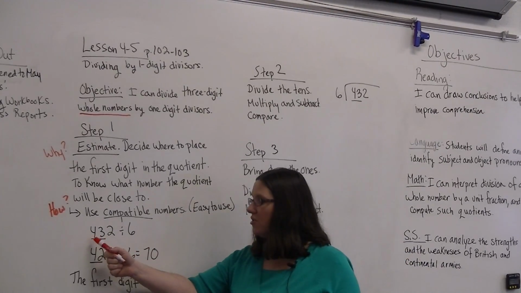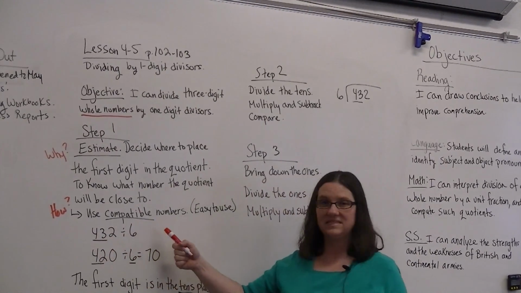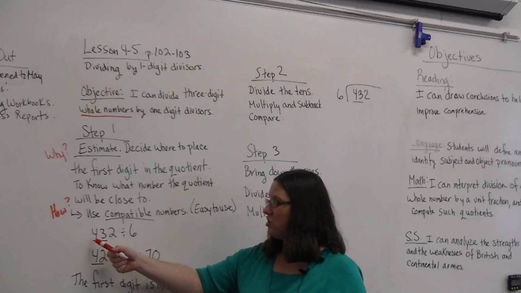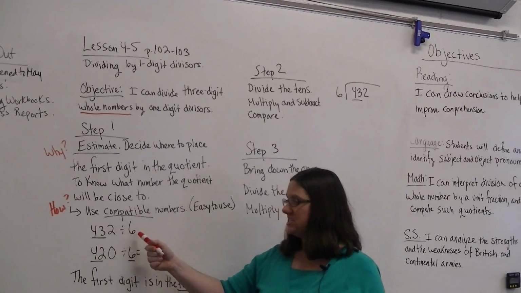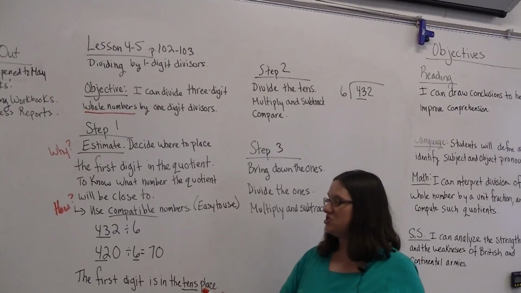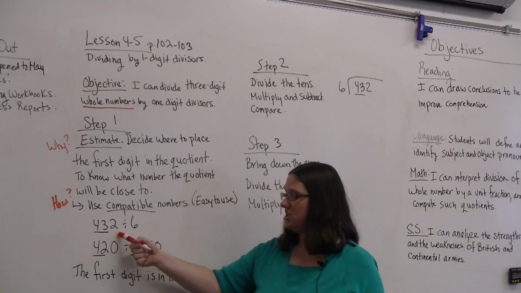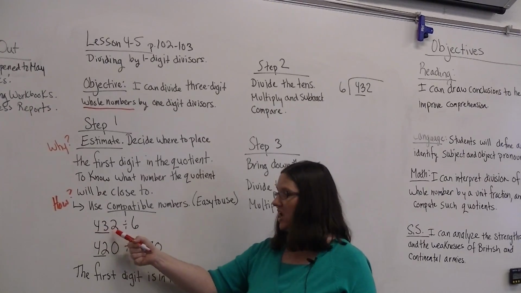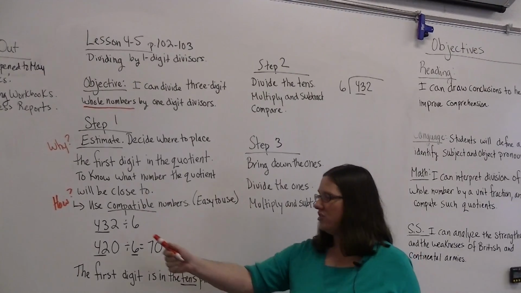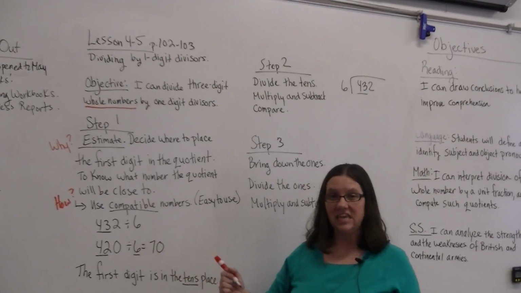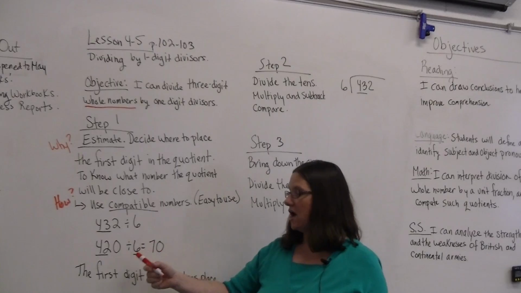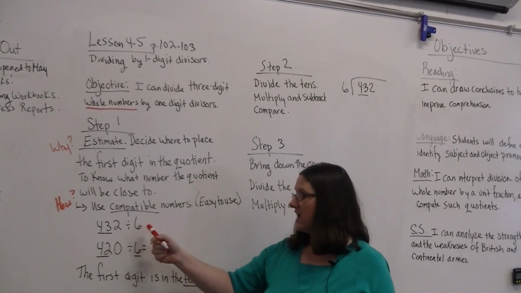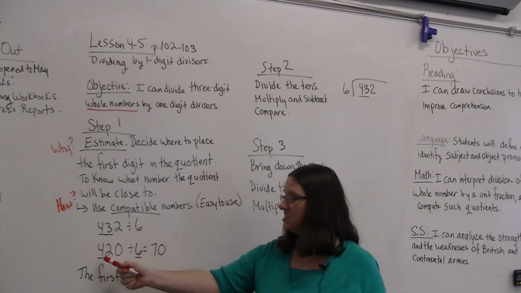So our first number is 432 divided by 6. We want to look at this first number. Can we divide 4 by 6? No, we can't because it's too small. So we want to look at the first 2 digits, and those are 43. We know 43 is not divisible by 6 evenly. So we want to find the closest number without going over that can be divided by 6, and that is 42.